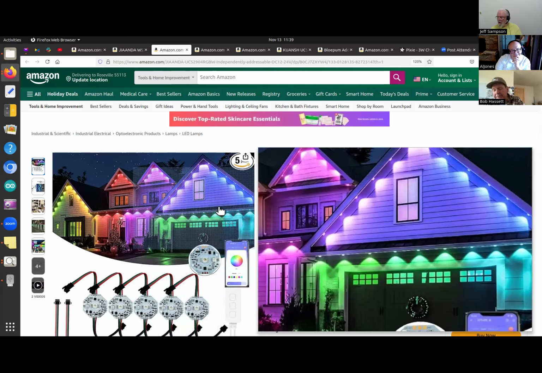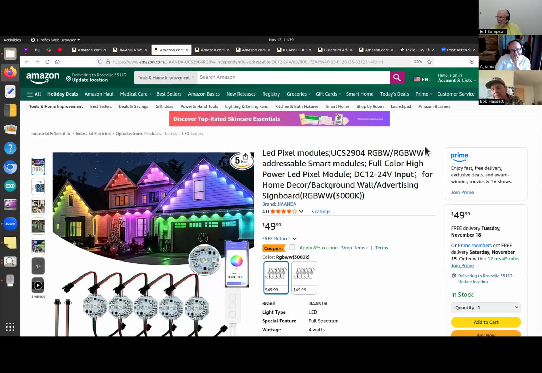But again, you have to look at the description. And it says this one's red, green, blue, and white. And then there's another one that says RGBW. I think that means warm white. And the one that just says W means daylight. Because if you look down here, it'll say 3000 Kelvin or maybe 2700 Kelvin, or the 2.